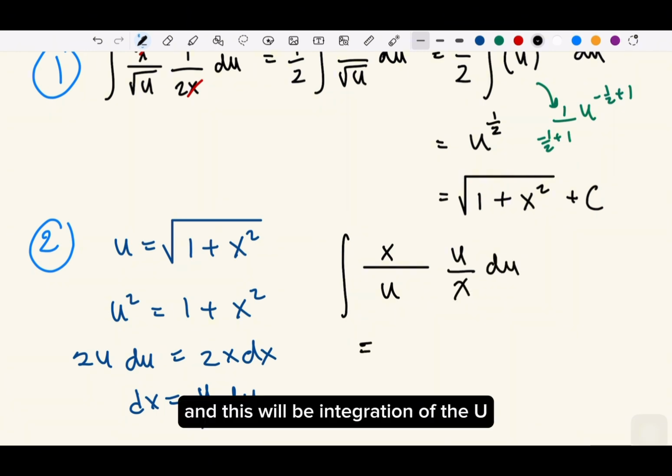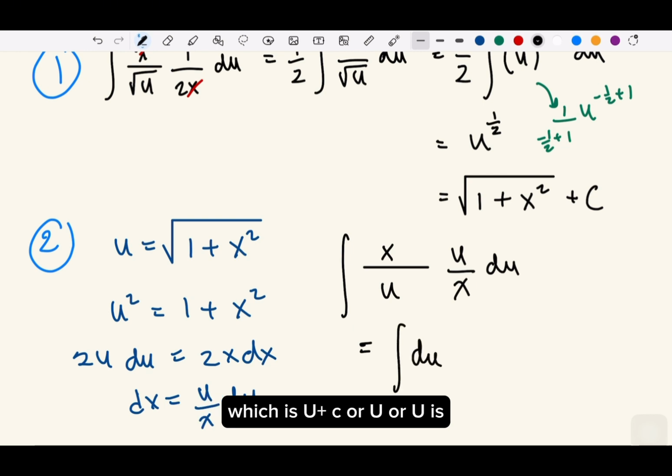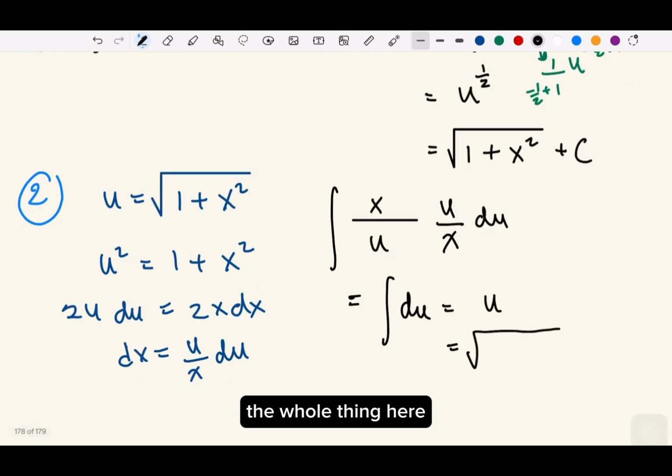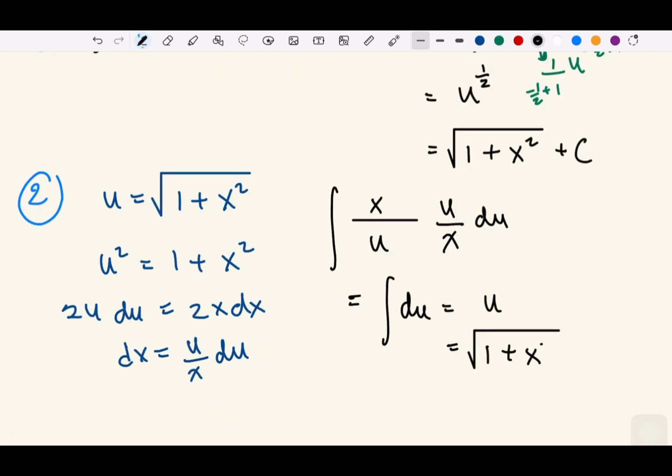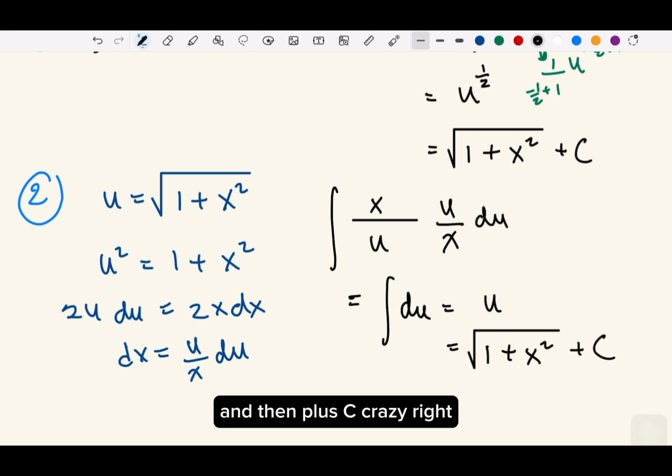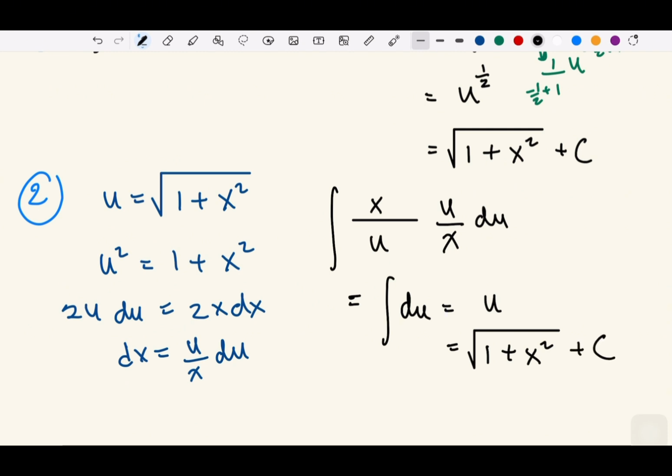This will be the integral of du, which is u plus c, and u is the whole thing here, plus c. Okay, crazy, right?